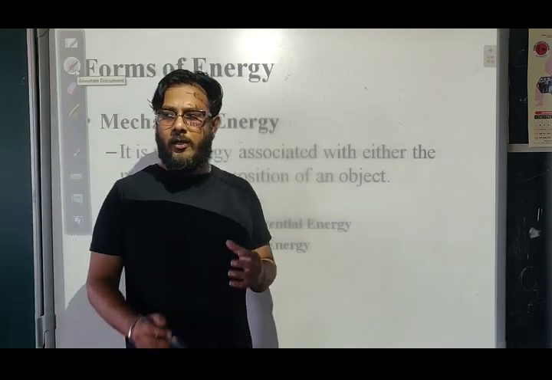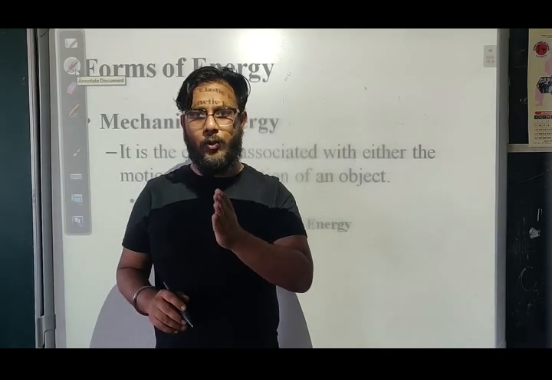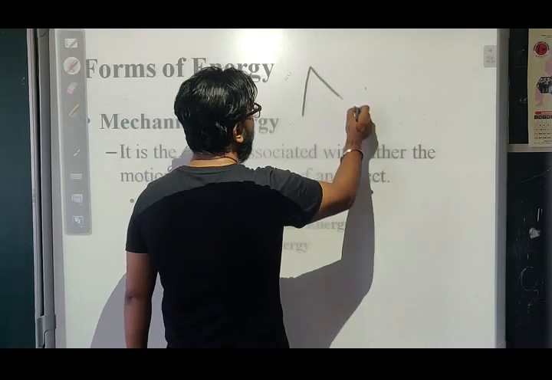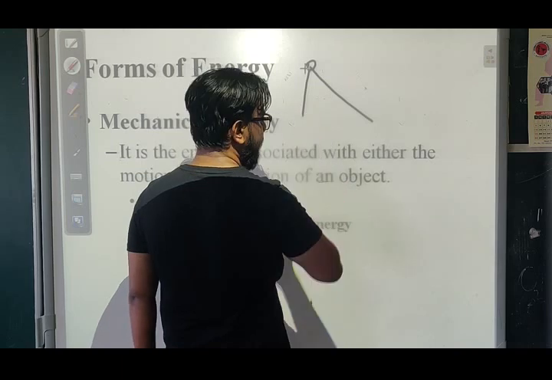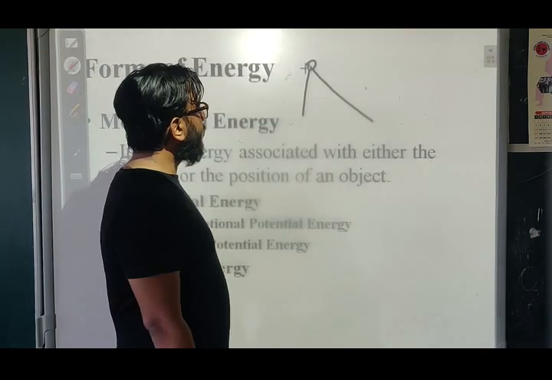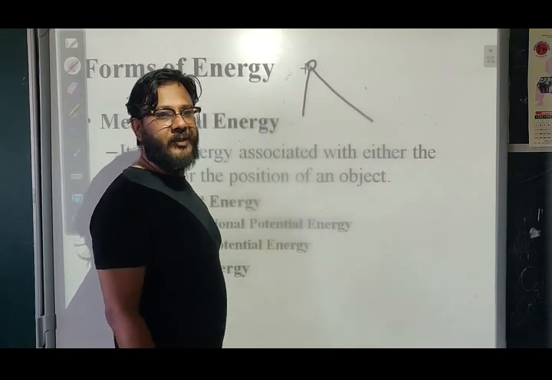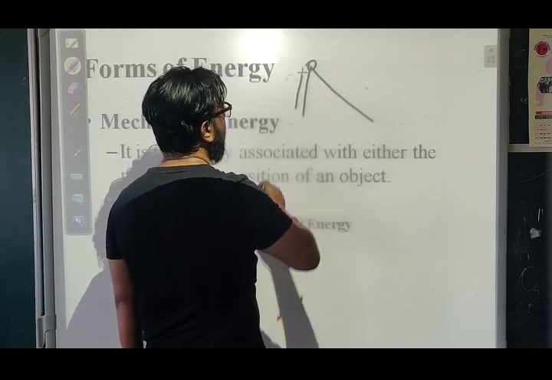To understand potential energy, let's imagine there is a slope and there is a ball at the top of the slope. So, how much energy does this ball have? We determine it by the length of the height.